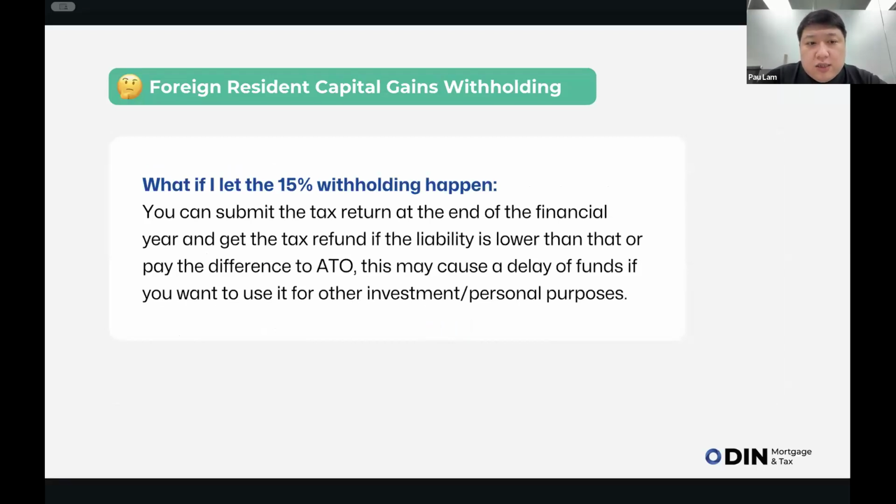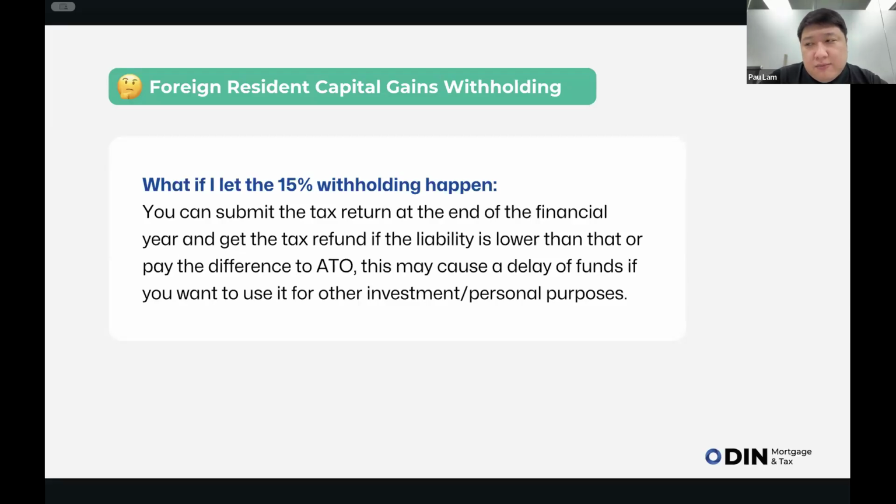What you can do is submit a return at the end of the financial year to show the tax office the calculation, whether you can get a refund because your tax payable is lower than 15%, or your tax liability is actually higher than 15% and you need to make up the difference to the tax office.